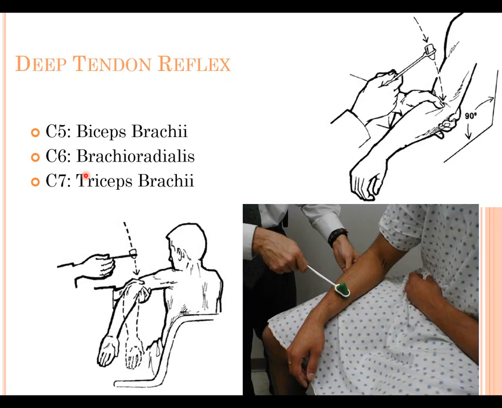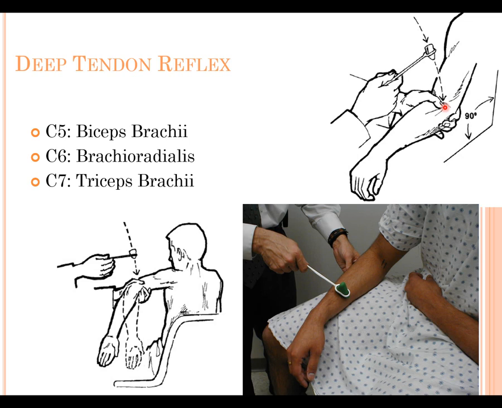And then for your deep tendon reflexes, we have 3 in the upper extremity. C5 is your biceps brachii. Again, we'll practice these in lab next week. But you must have the person relaxed, you hold them in some flexion, you palpate the biceps tendon at the elbow, and then you put your thumb over the bicep tendon and you actually hit your thumb with the reflex hammer.